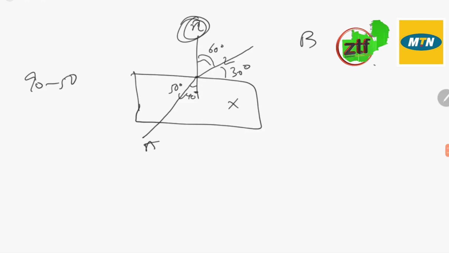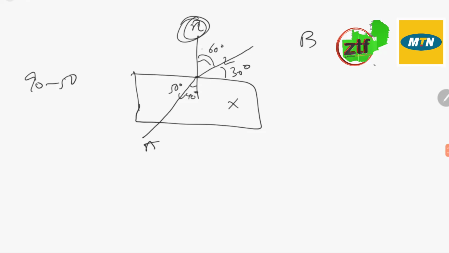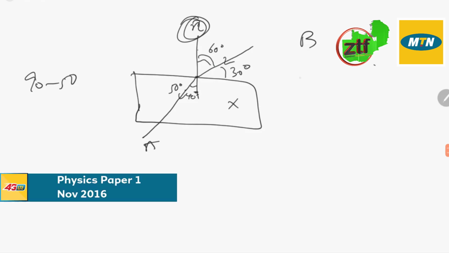Why? Because these angles of incidence and refraction should be with respect to the normal. So we are checking from the normal up to here 60 degrees, and now from the normal up to here it's 40 degrees. Now we have our I, which is 60 degrees. We also have our R, which is 40 degrees.